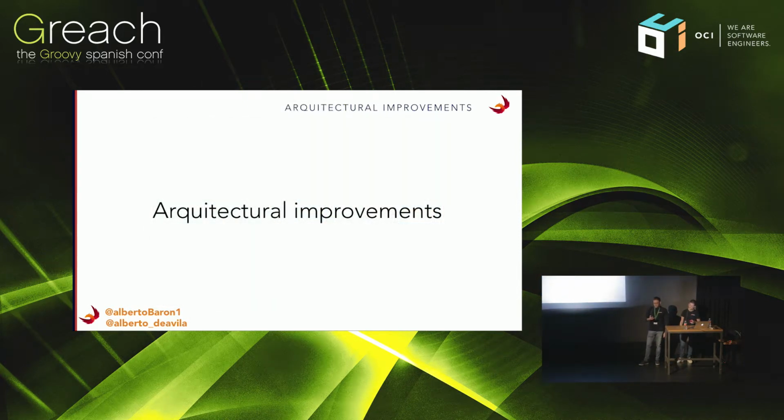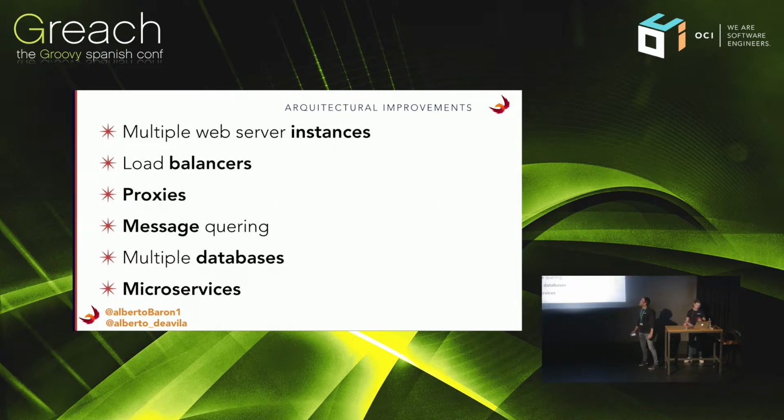So, what about the architectural improvements? Architectural improvements are done when you have a high load in your server. And how can we fix it? We can have, for example, multiple web server instances with load balancers, proxies, or using message queuing, use multiple databases, or even change the architecture of our application to use microservices.